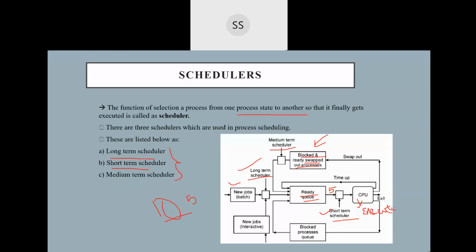So the medium-term will be in between the long-term and this queue. Why all these? To take the process from new to terminated. How we maintain it in between is known as scheduling. Is it clear, guys?